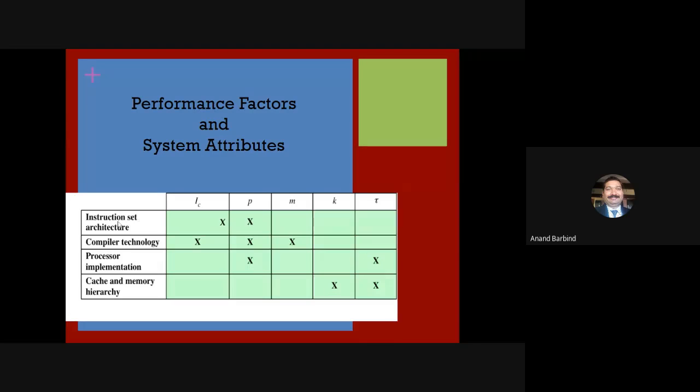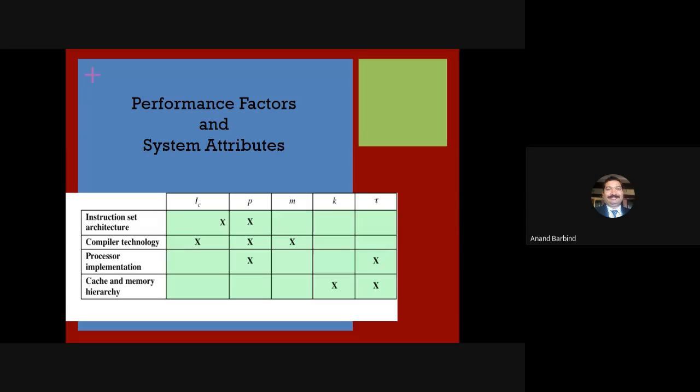So if the program is different, the instruction count IC will be different, though the same group of instructions is doing the intended task. For example, it may be sorting of certain numbers.